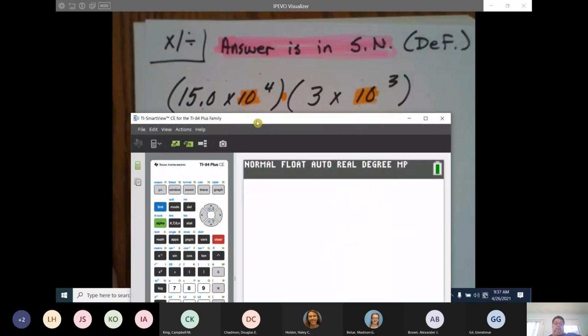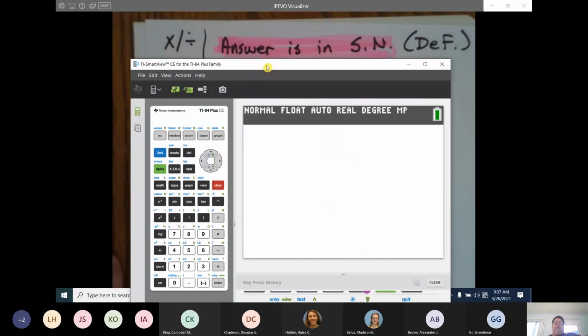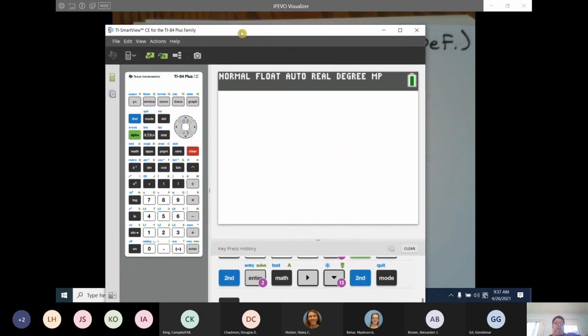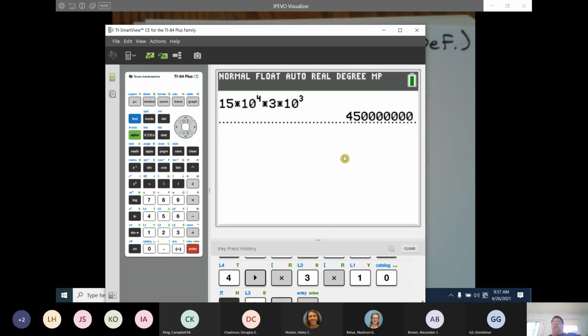Let's do it. 15 times 10 to the 4th, multiplied by 3 times 10 to the third. And enter. 45,000. There is a way to put that in scientific notation.